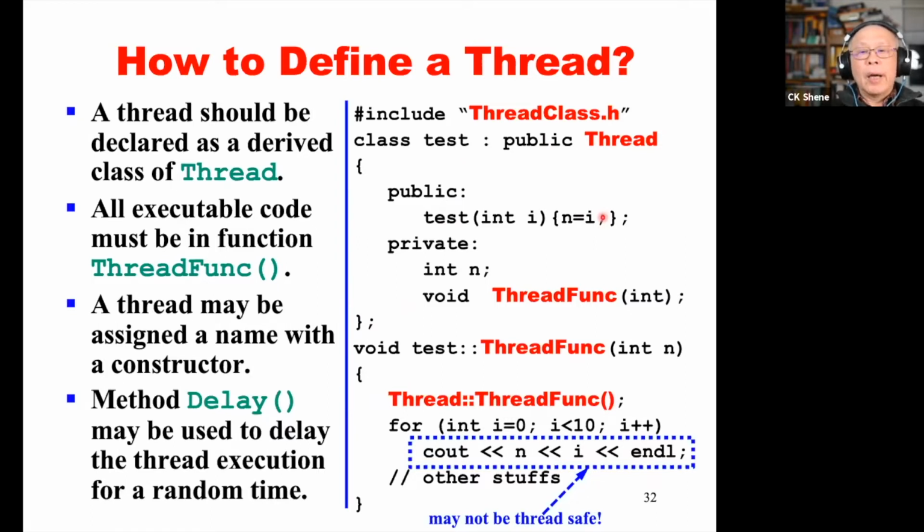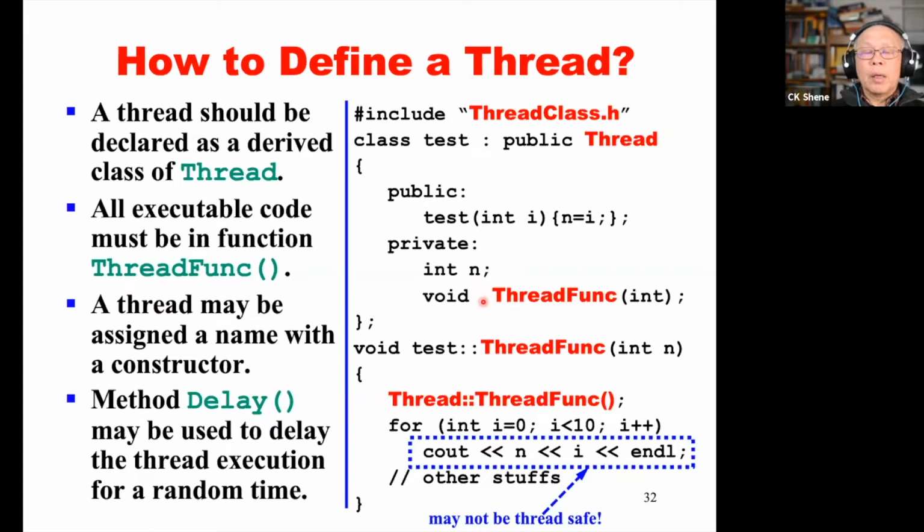Most of the time, the constructor of the thread class is giving that thread a name. We will see that. And in the private section, don't forget, in addition to other variables, you always declare a threadFunc there. Even though it shows you only one integer argument, you could use other arguments as well. The thread function returns nothing.